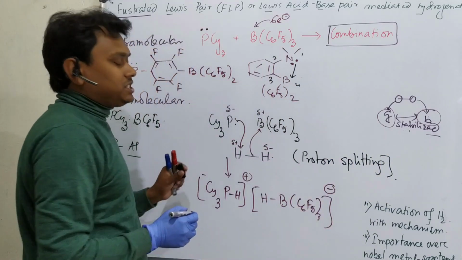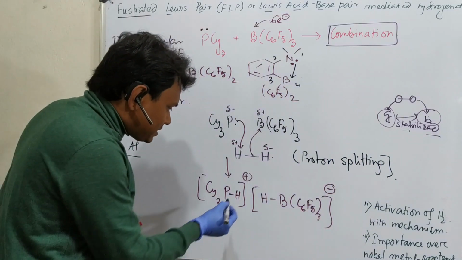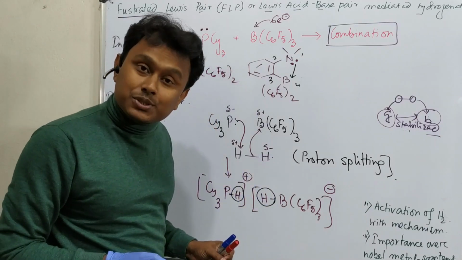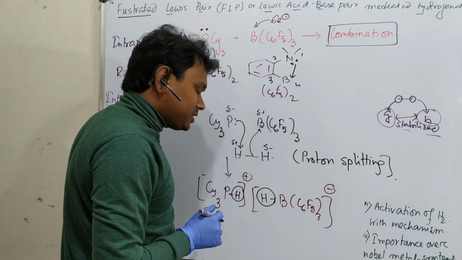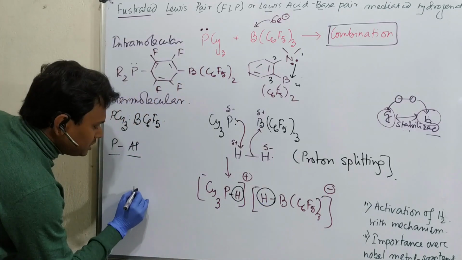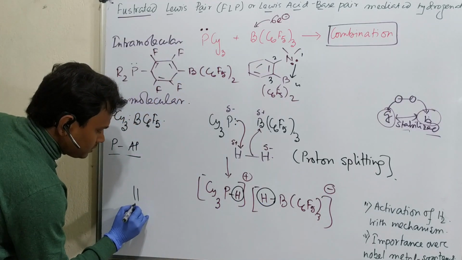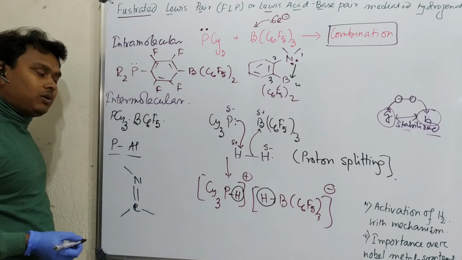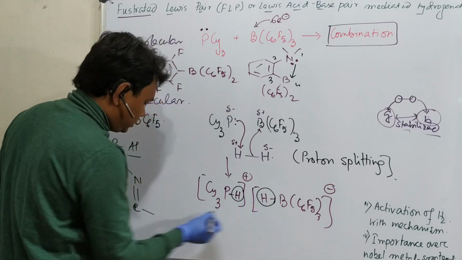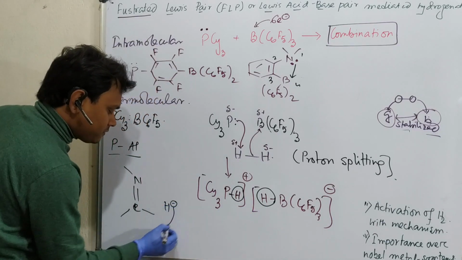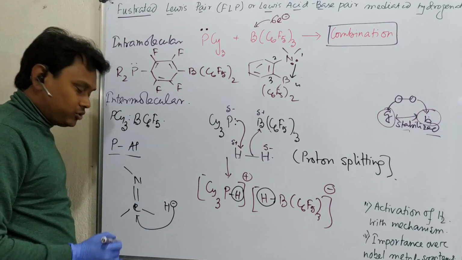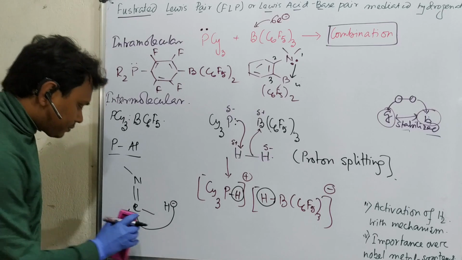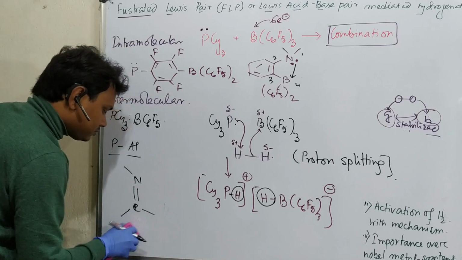See, hydrogen is a very inert molecule, non-reactive. But see, it has an H plus, it has an H minus. So they can undergo reaction. Okay, so what type of reaction can they do? For example, imine hydrogenation. This is carbon, this is nitrogen. Now, since it is a hydride, this hydride H minus could be shifted here. And when the hydride is shifted here, there will be a carbon-hydrogen bond.